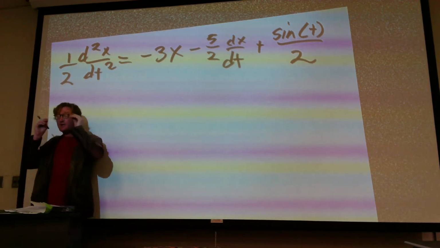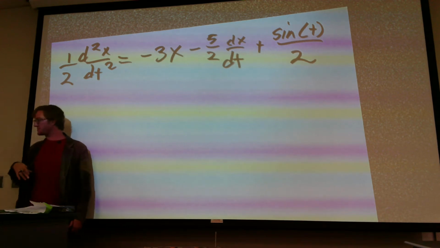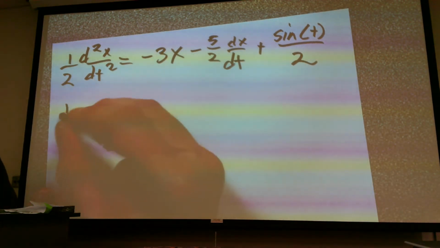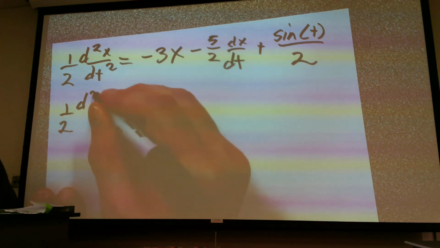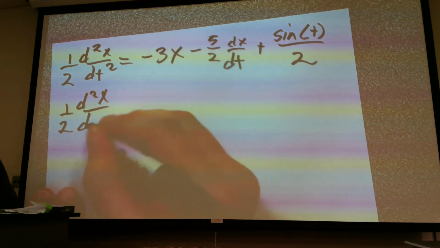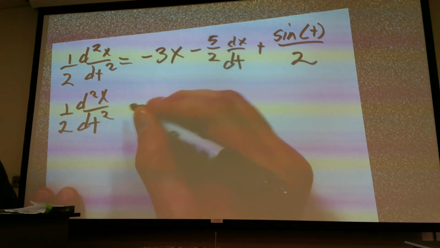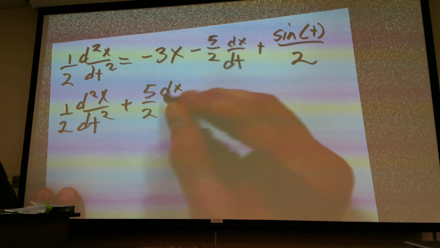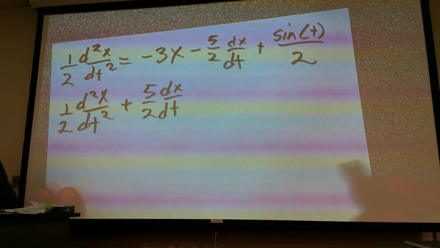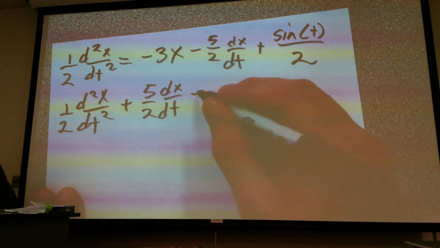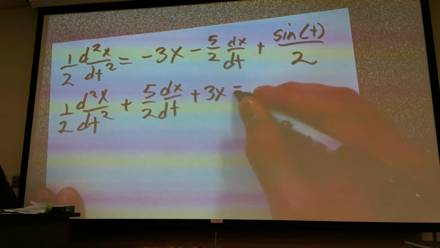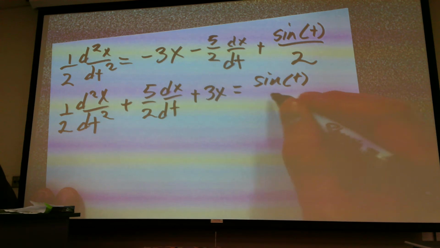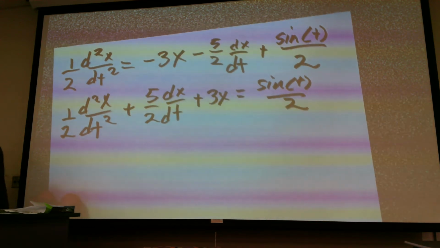Let's move these over to the opposite side of the equation. So I would have 1/2 times the second derivative of x with respect to time, now plus 5/2 dx/dt, plus 3x is going to equal sine of t divided by 2.